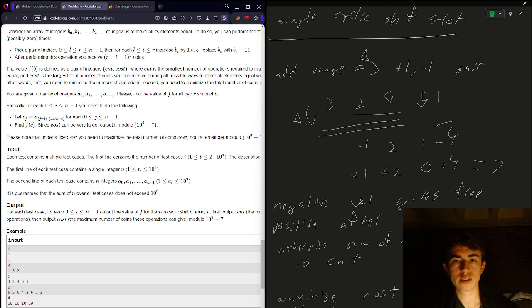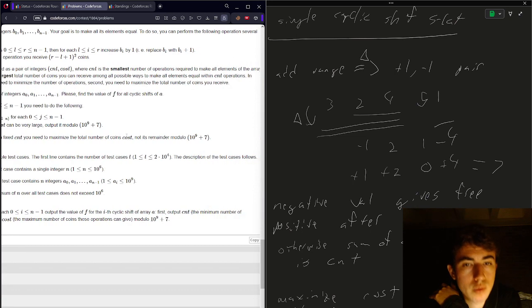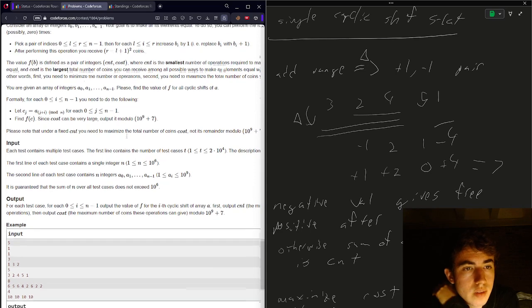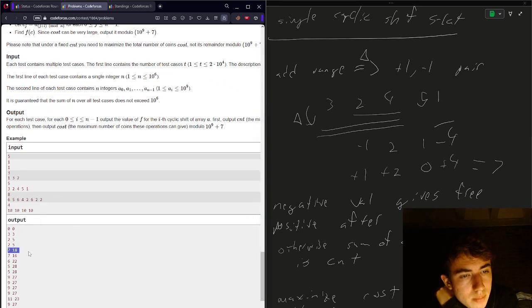So this is 3, 1 plus 1 is 2, 2 squared. Wait, we agreed you want to maximize the total number of coins. Wait, is this even right?